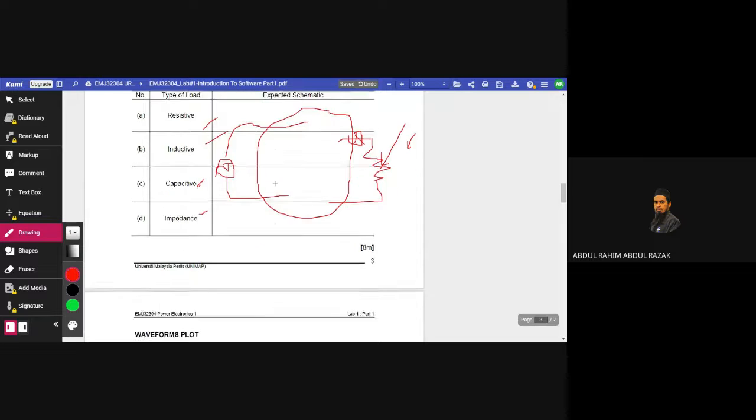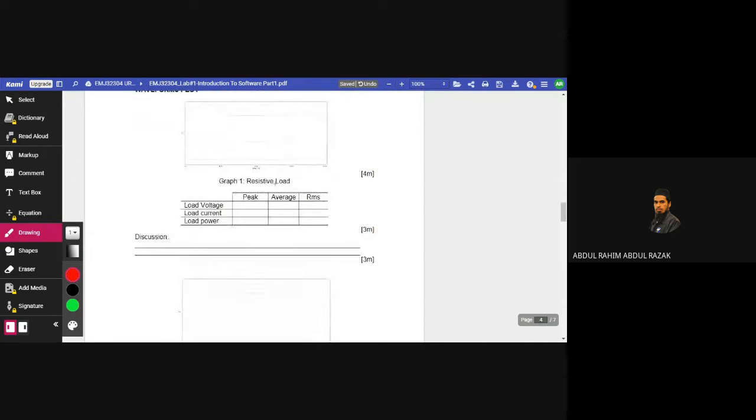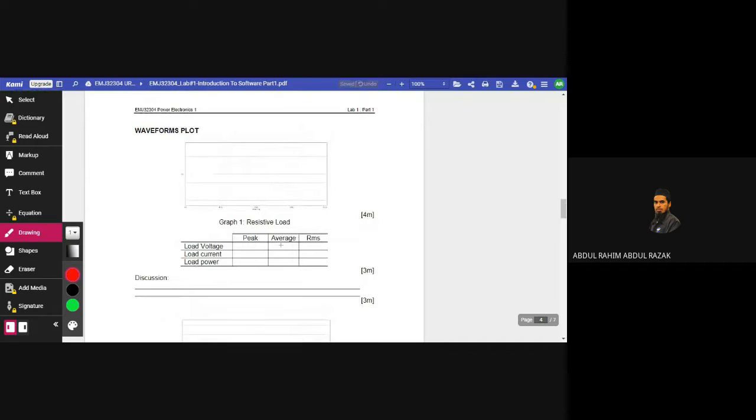Analyze the results in terms of peak, average, and RMS readings, and discuss what you observe from the simulated output. The marks represent how detailed your explanation to the audience has to be.